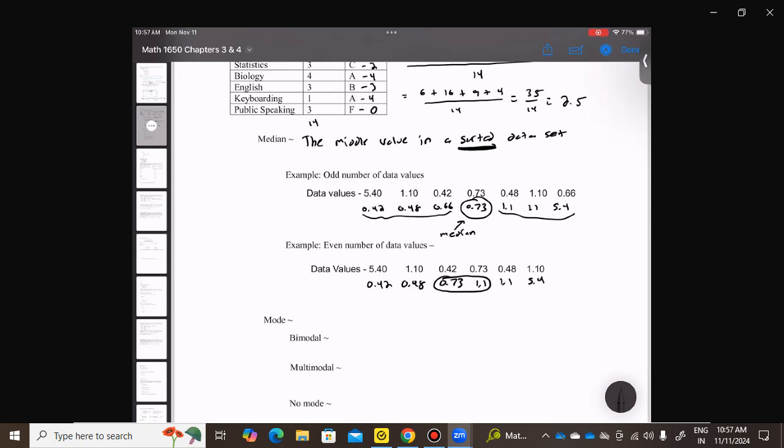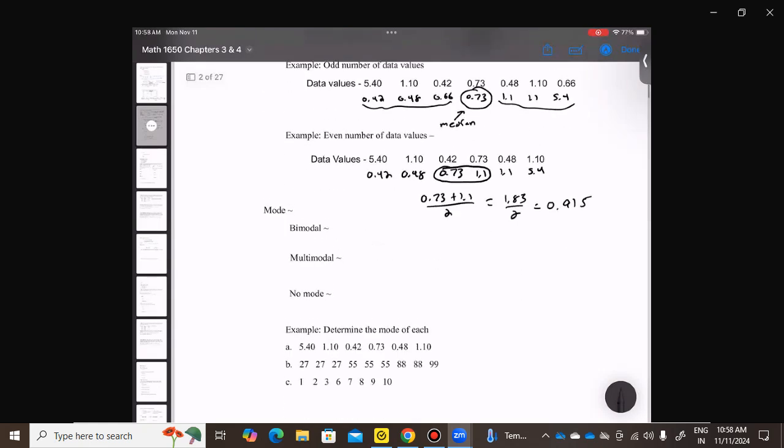So 0.73 plus 1.1 over 2. That'd be 1.83 over 2, which is 0.915. Okay. Pretty straightforward. We're going to see that it gets even easier when we start using StatDisk for these.